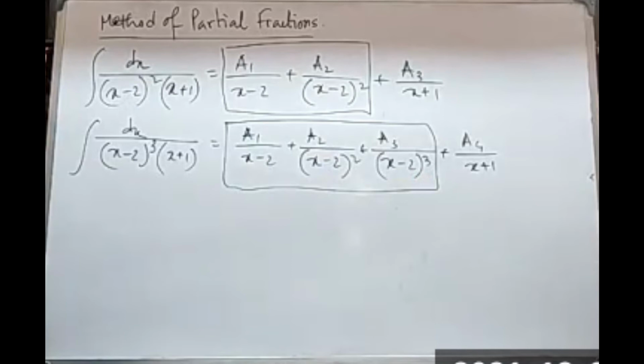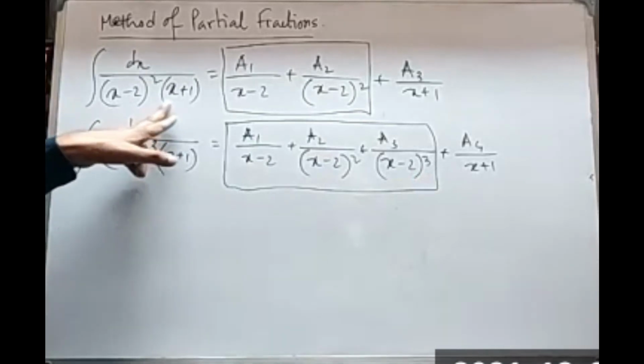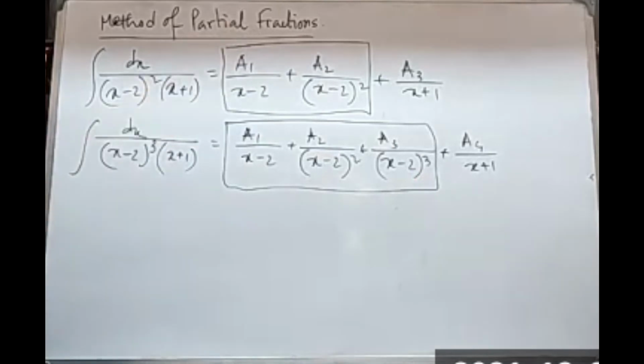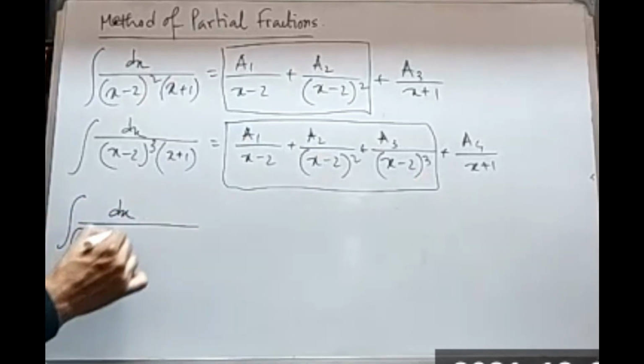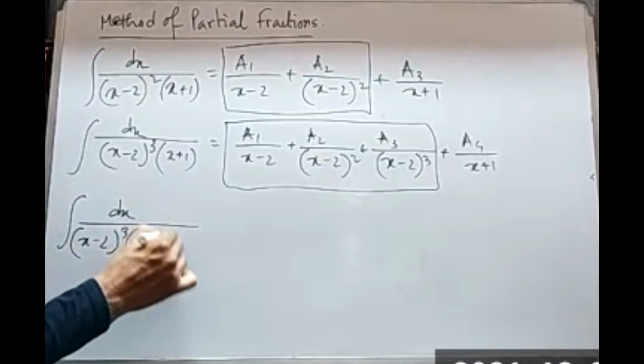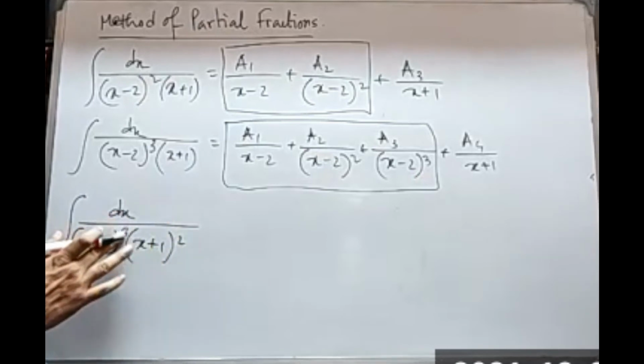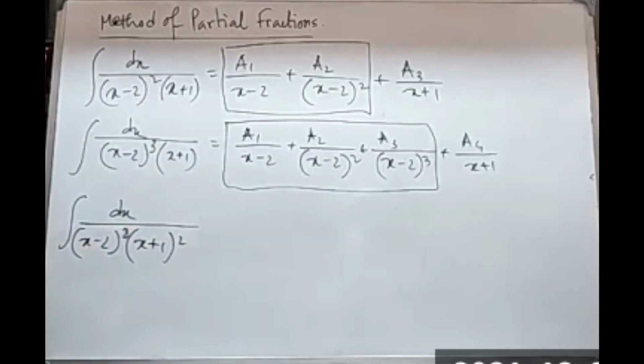Okay. And whatever other factors are there, the rule is the same. Now suppose it is like dx by x minus 2 whole cube into x plus 1 whole square, where both factors have a power.